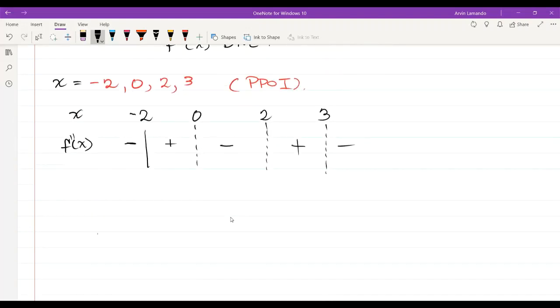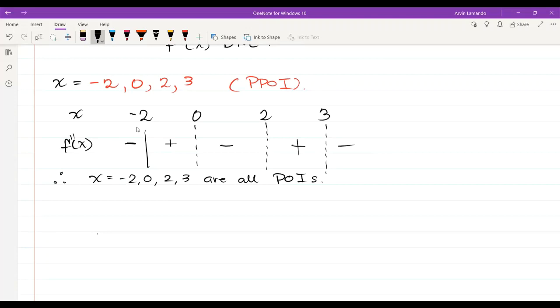Therefore, as we can see, as x passes through these points, f double prime of x always changes signs. Therefore, x equals -2, 0, 2, and 3 are all points of inflection.